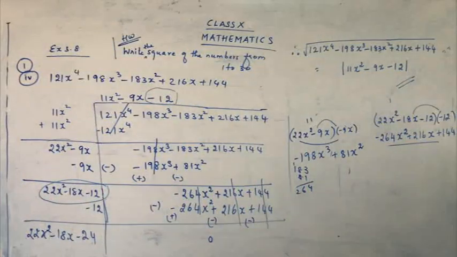Take down the answer, children. Be careful, we have a lot of calculations, we have a lot of steps to be followed. So do not miss out any step and do not miss out any calculations.